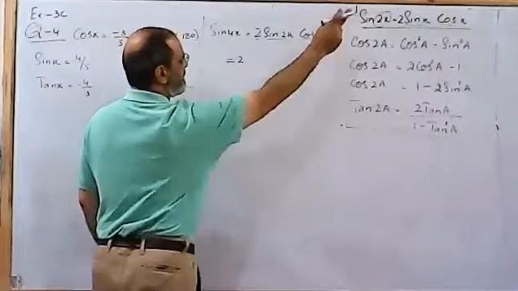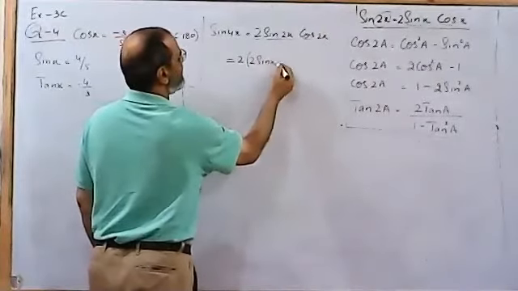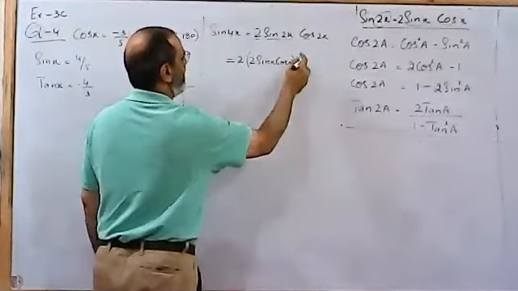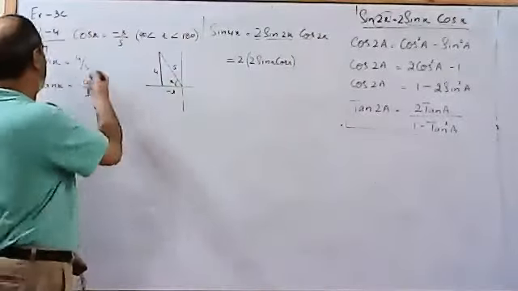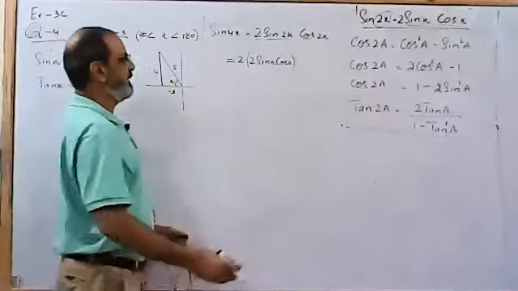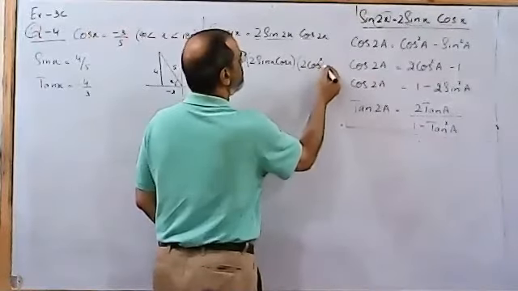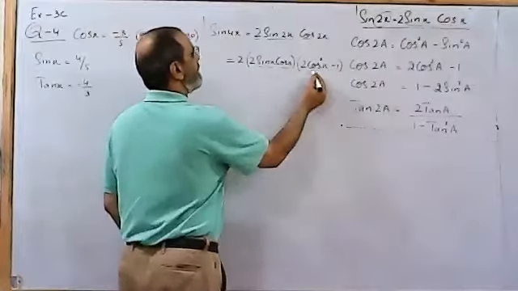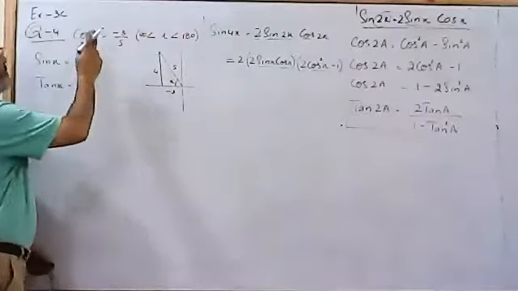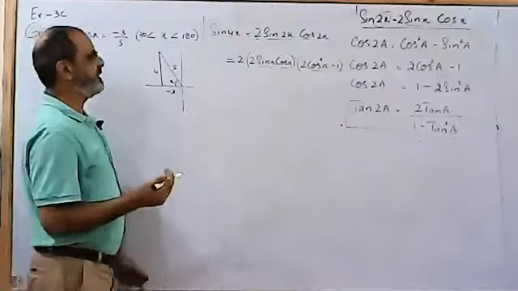For sine 2x, I'm going to use the same identity, that is 2 sine x cos x. And for cos, I can use any one of these because all values are with me. So I can use 2 cos square x minus 1. Now the values of cos and sine are known to me, so I can use those values to calculate further.